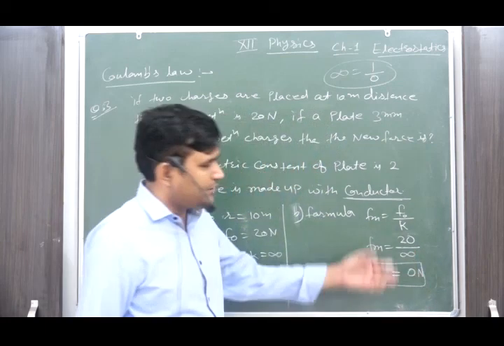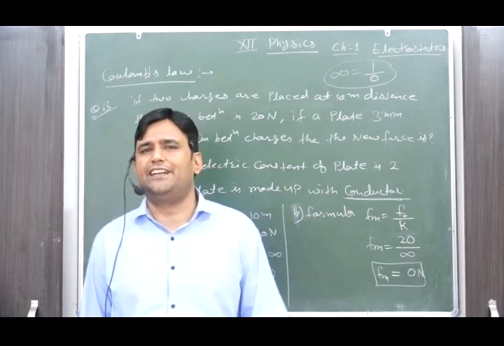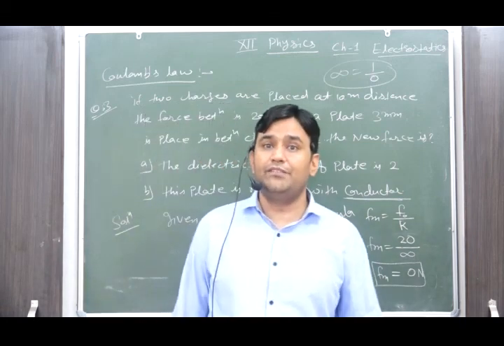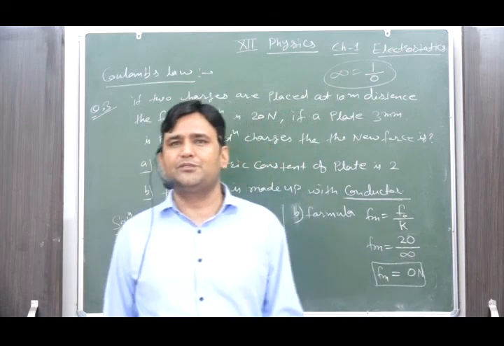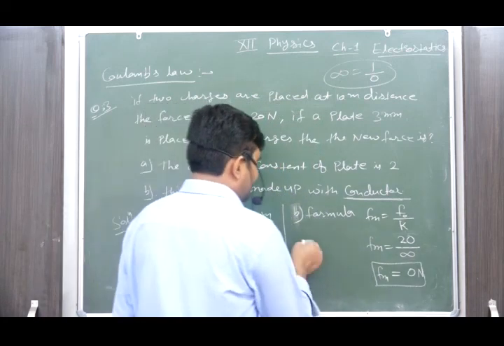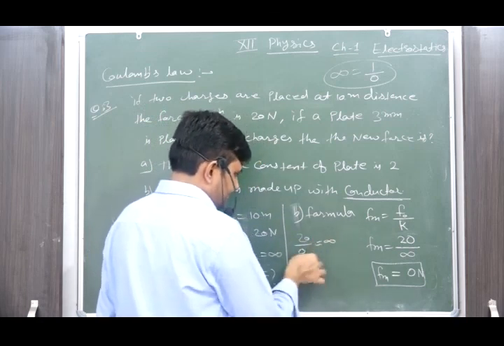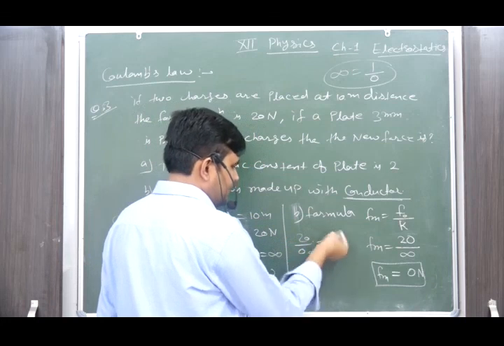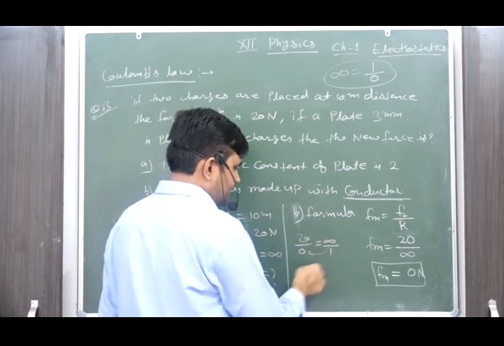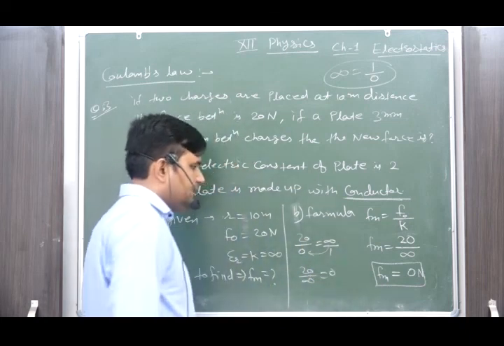And the basic formulation is, when we divide any quantity by infinite, it is 0. When we divide any quantity by 0, we get infinite. It means if we have the value 20 upon 0, it is equal to infinite. Just interchanging the place, cross multiplying, 20 upon infinite is equal to 0.